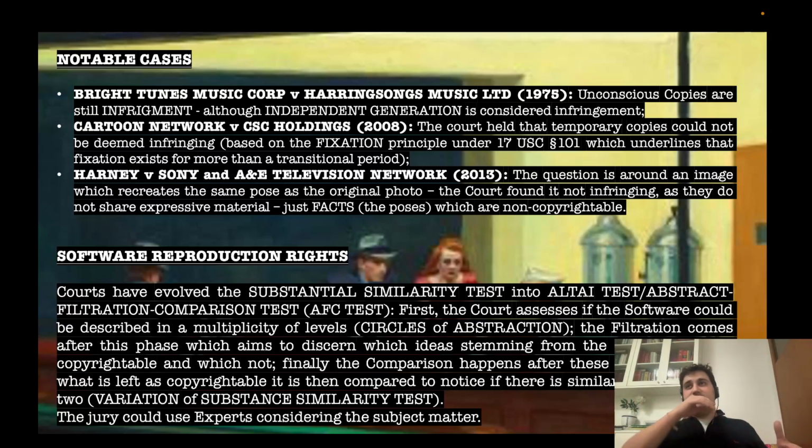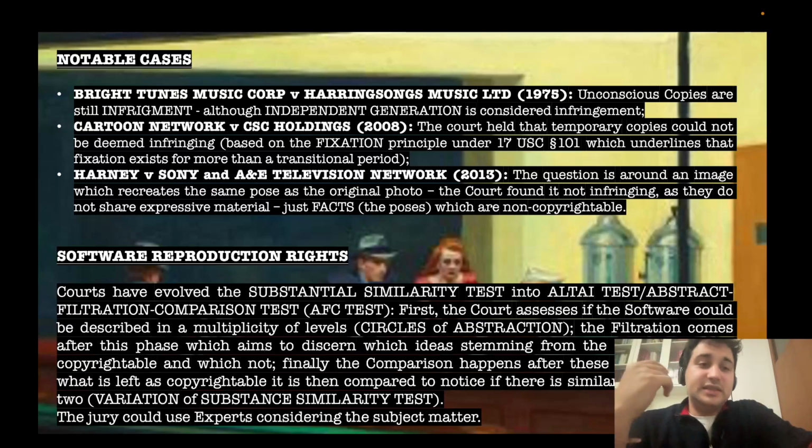It's all based on the accessibility and the similarity we've seen before. If the jury finds great similarities, and the judge has found that there was ground for the possibility to actually access the work, then you get unconscious copy, and that's infringing. If instead there is non-accessibility, you will have non-infringement because of independent generation. If there are no striking similarities, that case is non-infringement because there is no copy, okay?